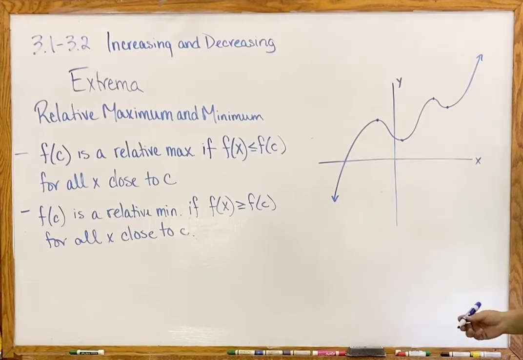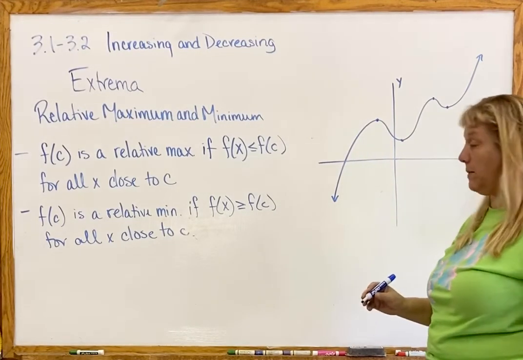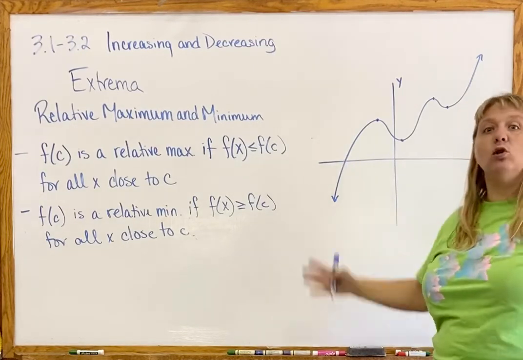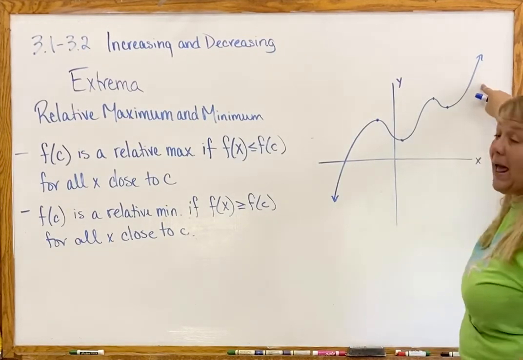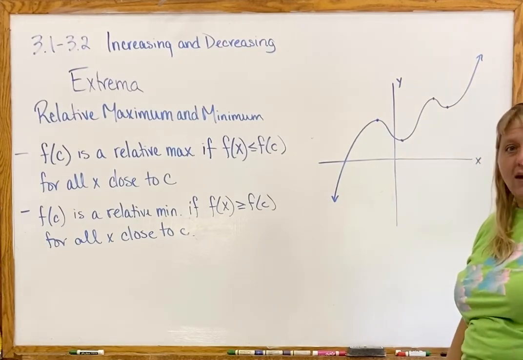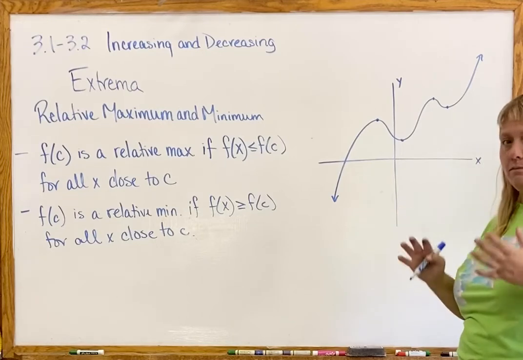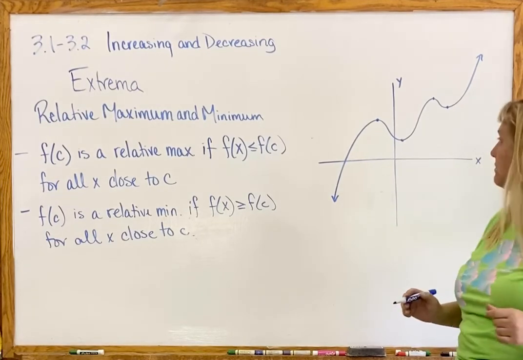Now, the idea behind being a relative maximum or a relative minimum is that it's not going to be the absolute maximum of the whole entire function. This function doesn't actually even have a maximum because with that arrow going on and on forever, it continues to grow forever and ever. So there is no actual maximum, but there are a couple relative maximums.